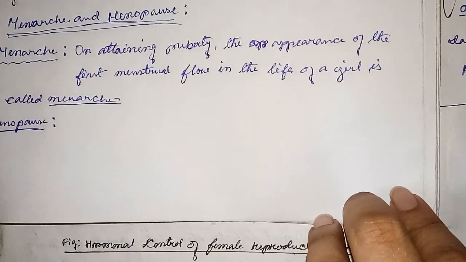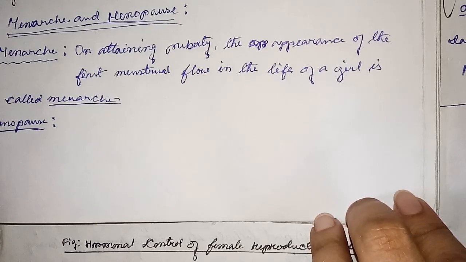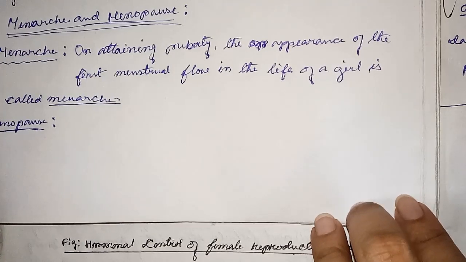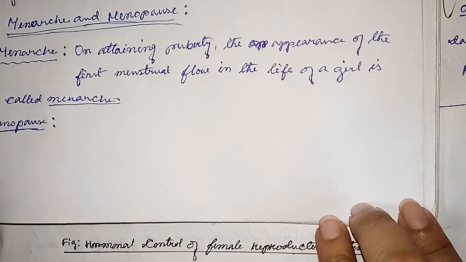The menopause normally occurs between the age of 45 and 50 years. During menopause, the primordial follicle of the ovary fails to respond to the pituitary gonadotropins, so that Graafian follicles do not develop, ovulation does not take place, and the woman does not attain pregnancy after coitus. Okay.